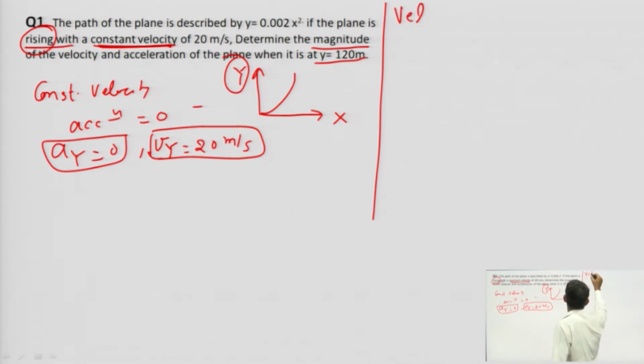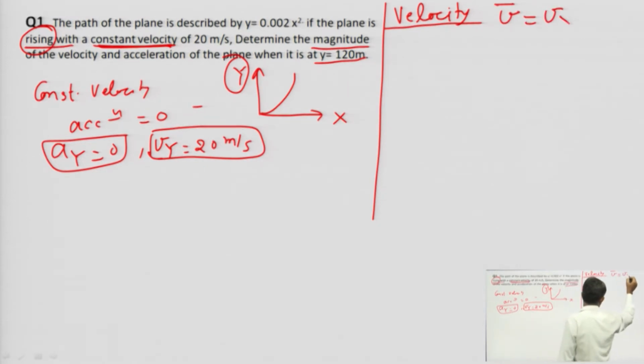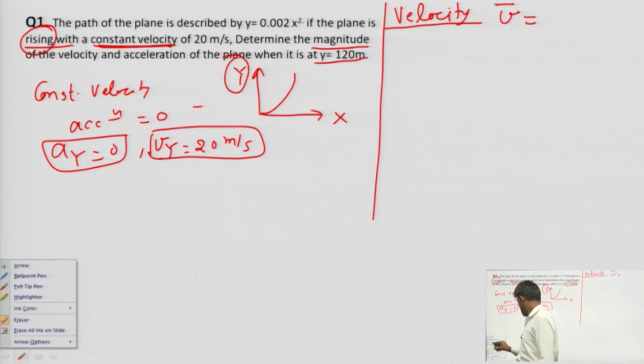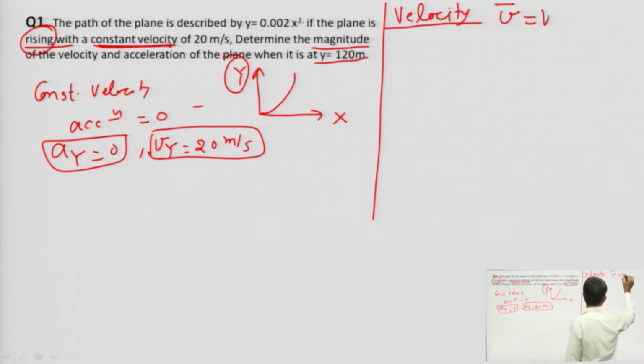The velocity v is equal to v x i cap plus v y j cap.